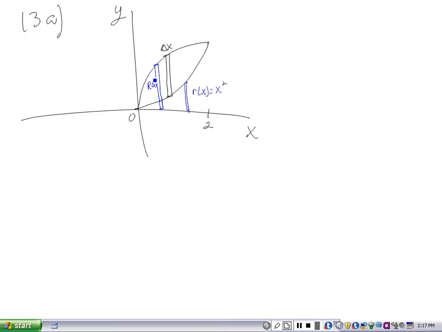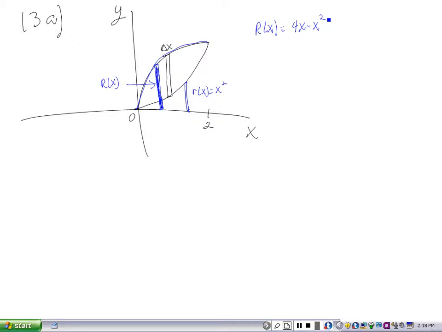Capital R of x. So the little radius is just x squared, and the big radius, even though we have all of this, it's that original function based on this curve up here. So capital R of x is 4x minus x squared.